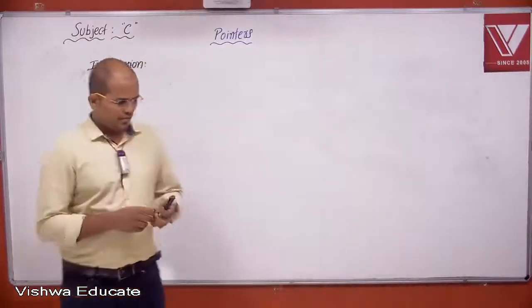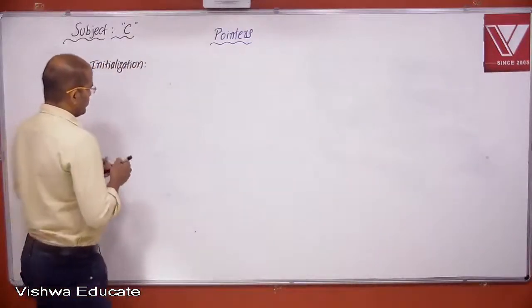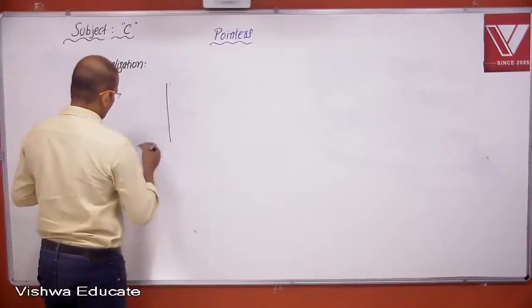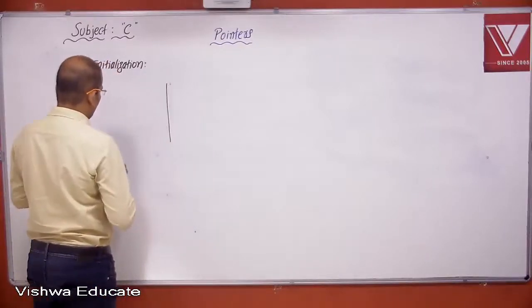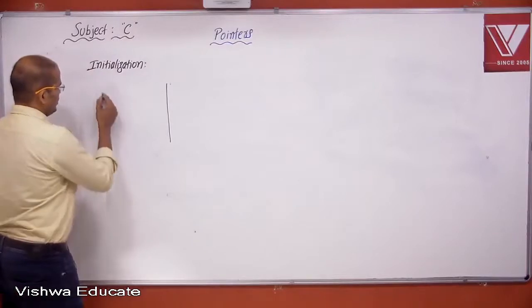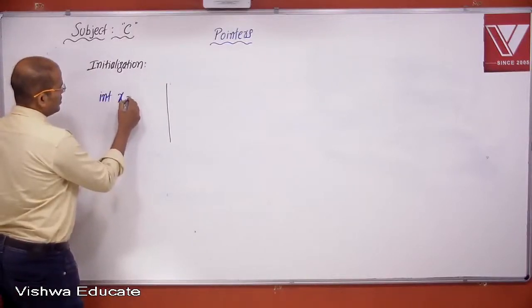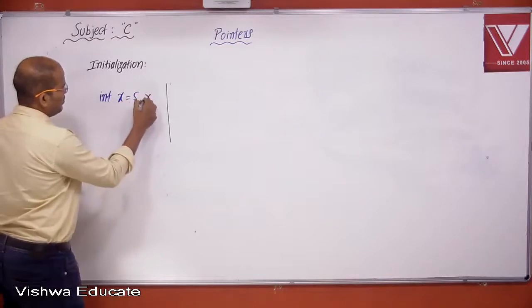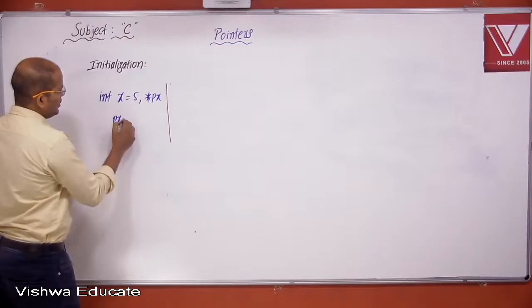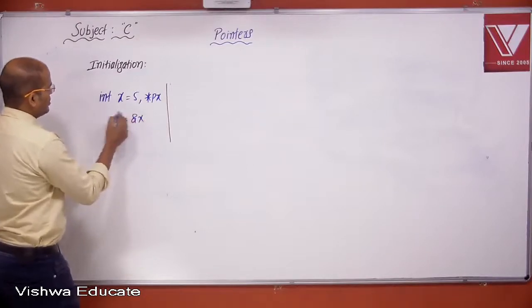Now, what do you mean by that? So, I say int x is 5. I say pointer px, and this is called as px is address of x.